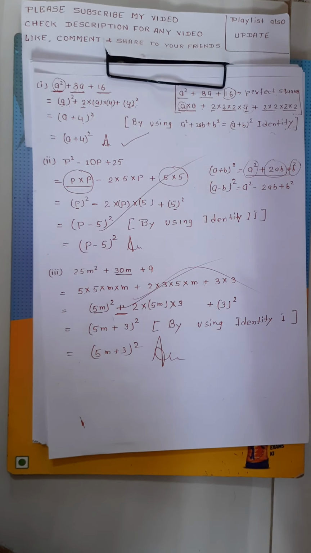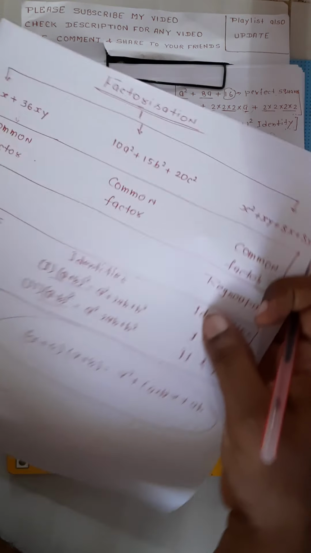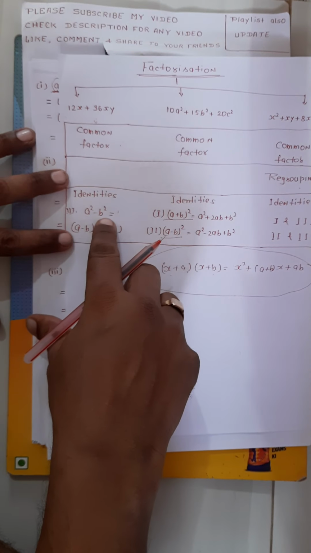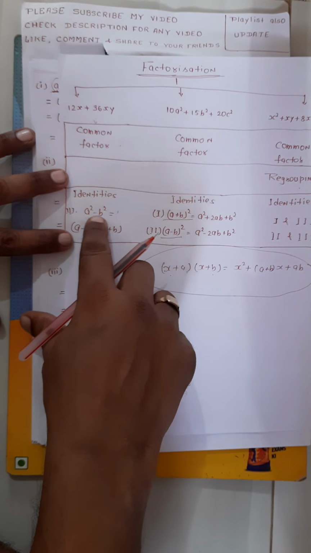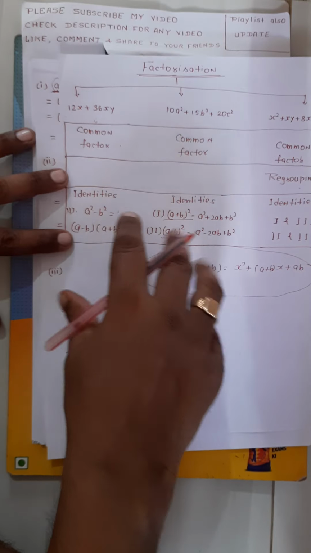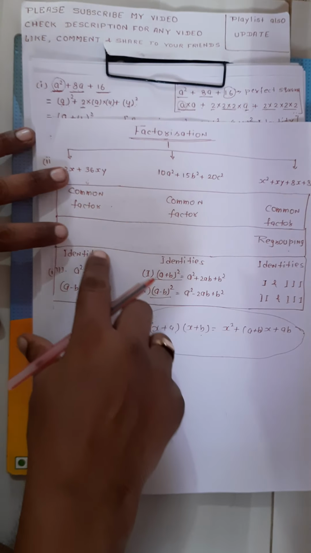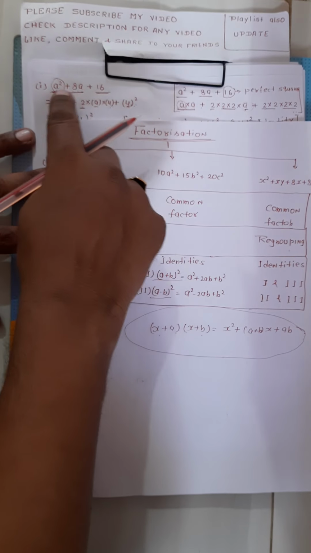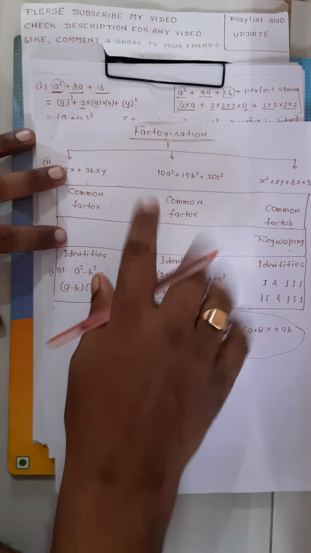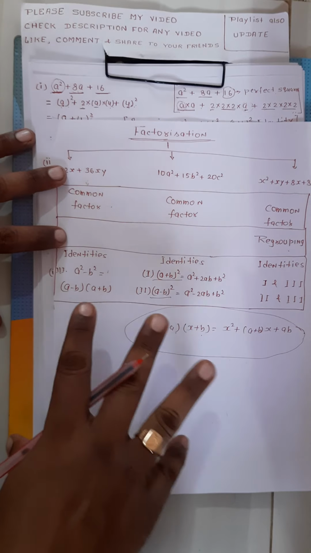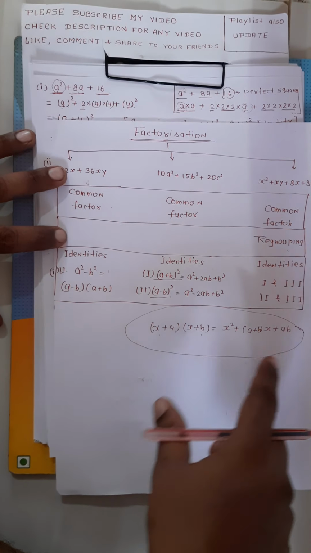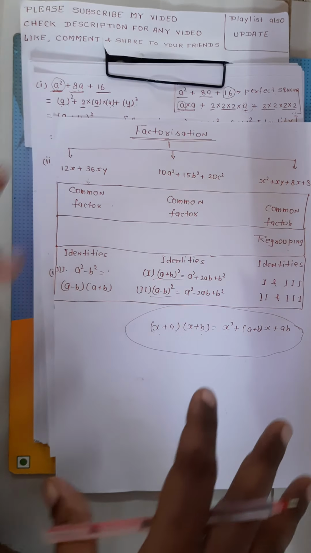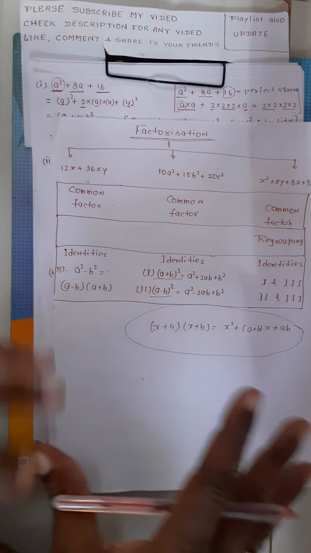To apply identity three, we need only two terms. So identity three we cannot apply here because it has three terms. For identity four, it needs a special structure.